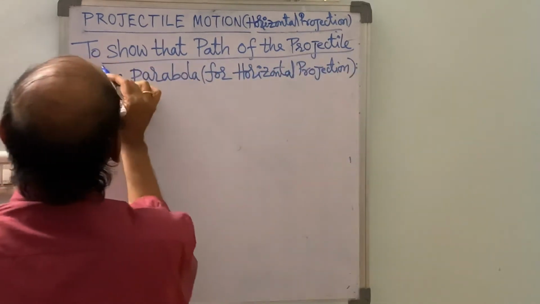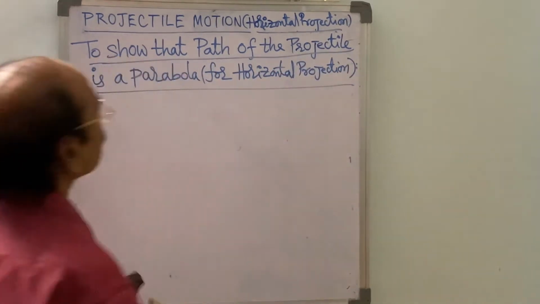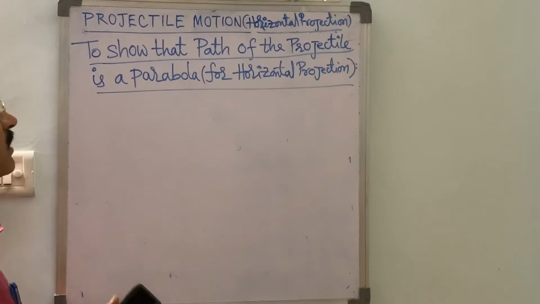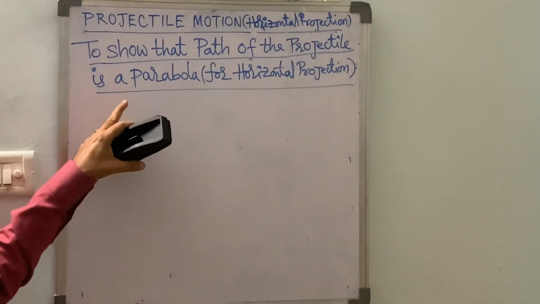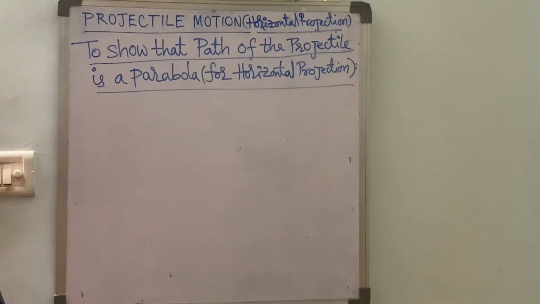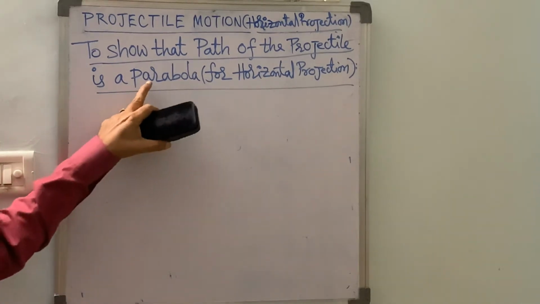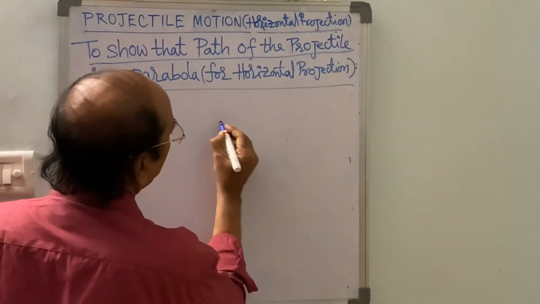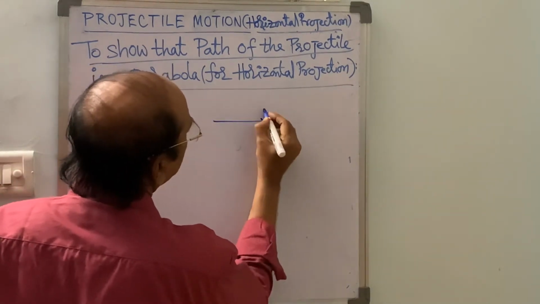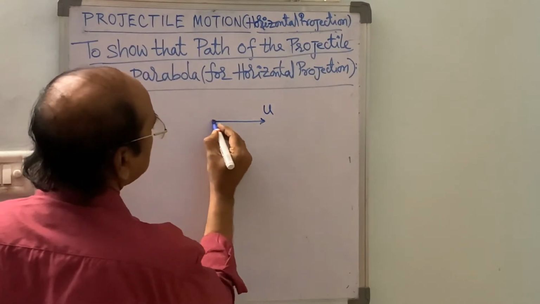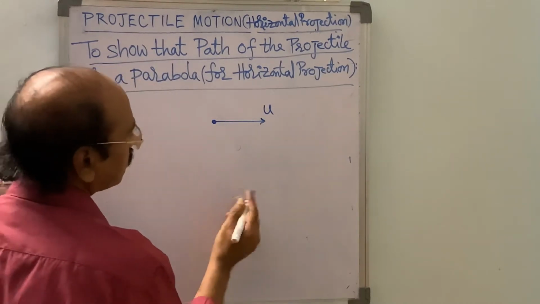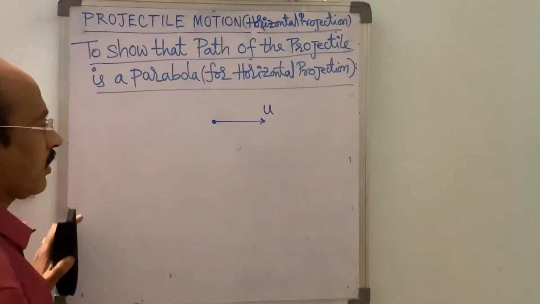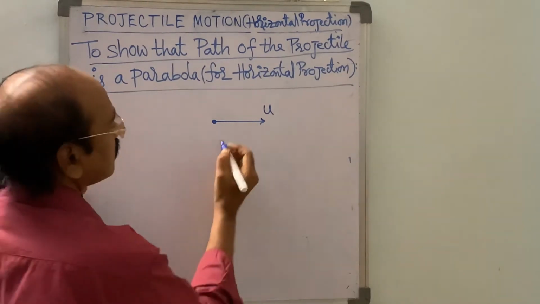Now we shall derive the expression for the path of the projectile, and it resembles the equation of a parabola. For example, let us consider a body which is projected into air with initial velocity u parallel to the earth.